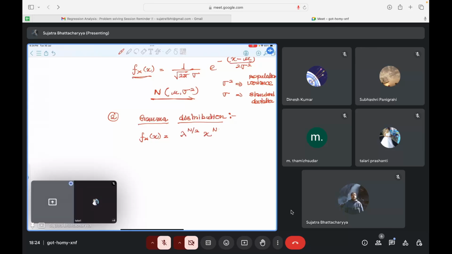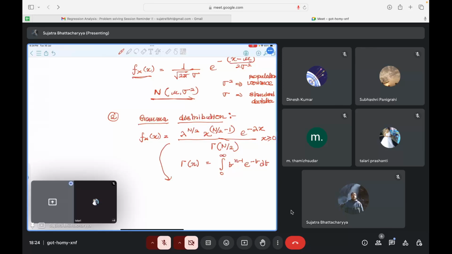It is written as x to the power n/2 minus 1, e to the power minus lambda x, divided by gamma of n/2. This gamma is the gamma function: gamma of n is the integral from 0 to infinity of t to the power n minus 1, e to the power minus t, dt. And x should be greater than or equal to 0. This is the probability density function of the gamma distribution.